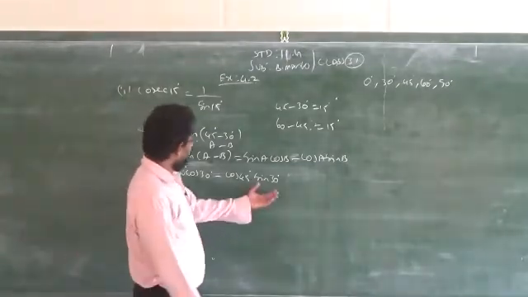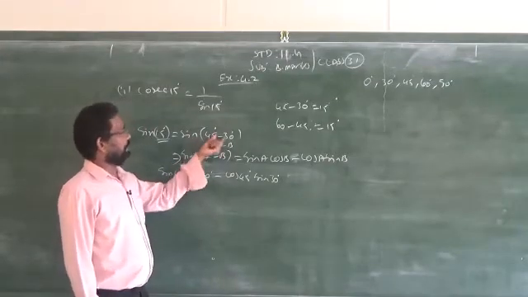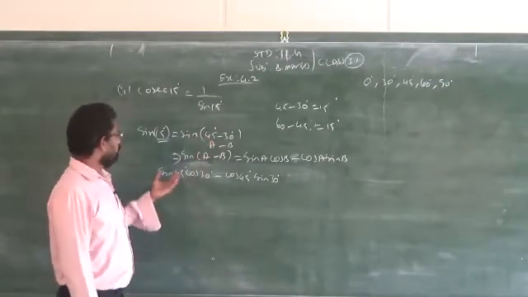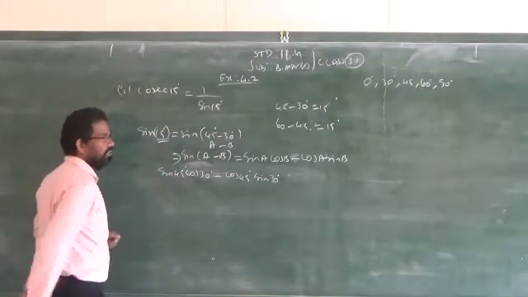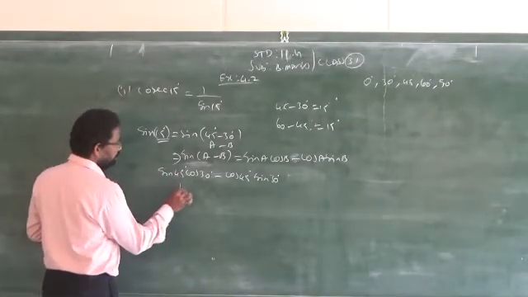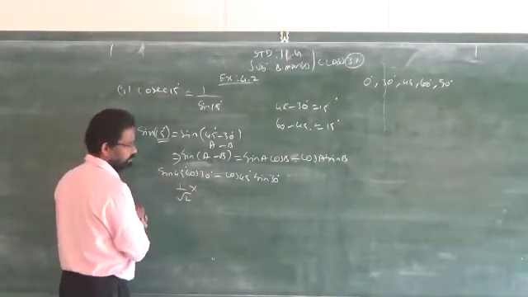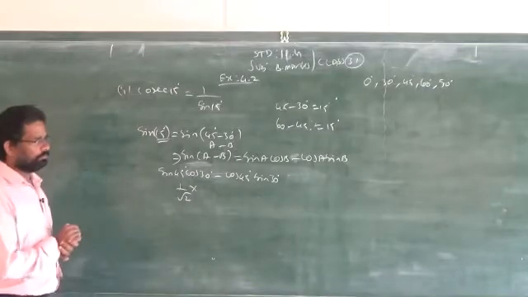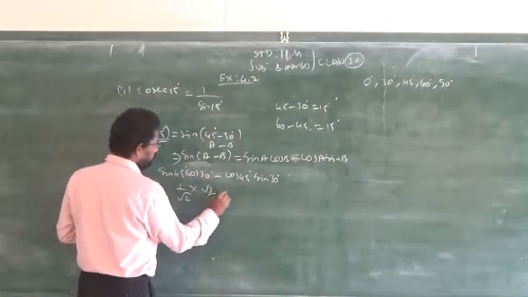After replacing A and B by the given angles, you have to refer to the tabular column to find out what is sine 45. Sine 45 is how much? 1 by root 2. This you know already from the lower classes. Cos 30 is how much? Root 3 by 2.